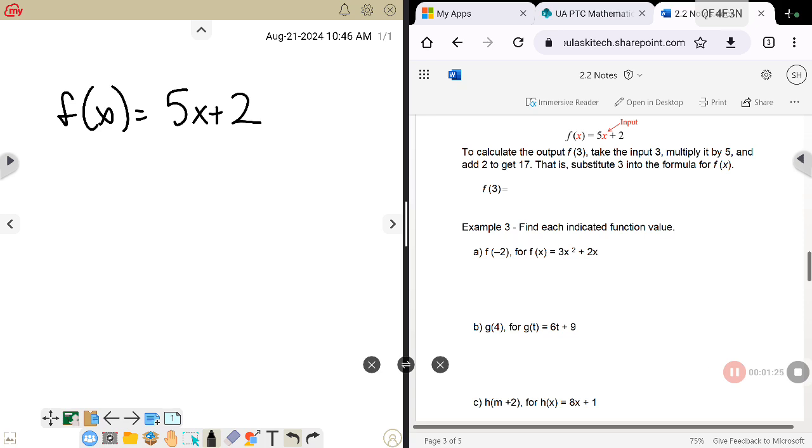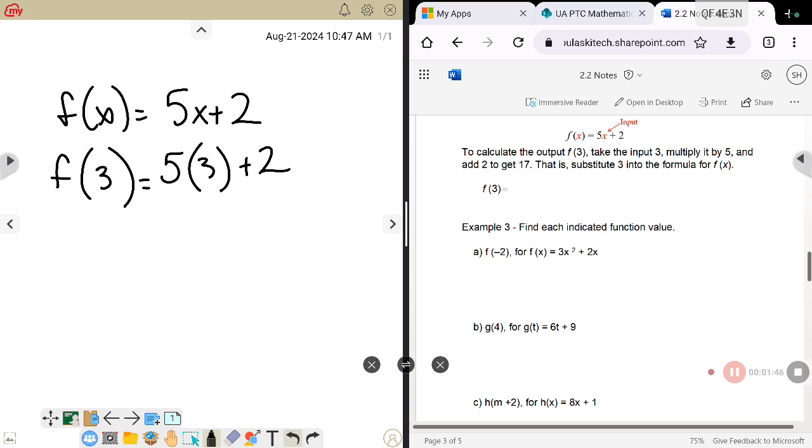So in other words, you are finding f of 3. So again, replace the x. So I'll have 5, replace the x with 3, plus 2. So we have input the 3.